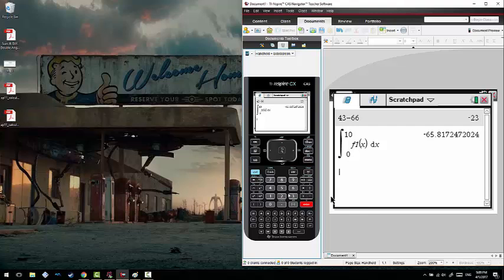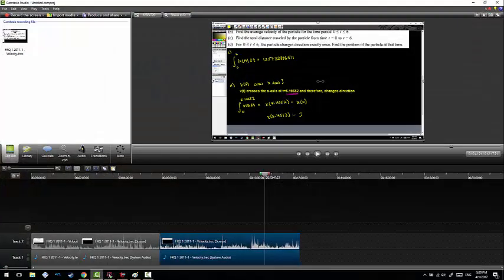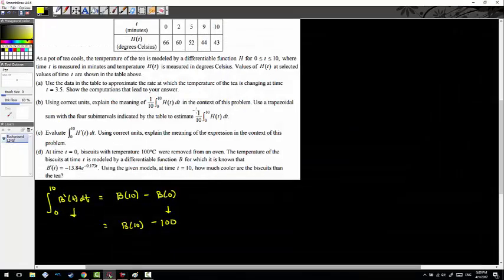And that gets to be negative 65.8172. Again, I'm trying to solve for b of 10, so I'm going to add 100 to that value.